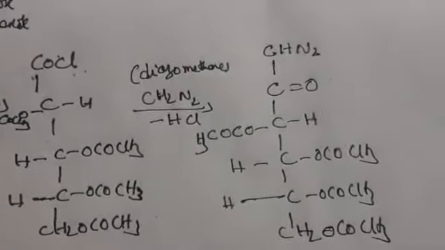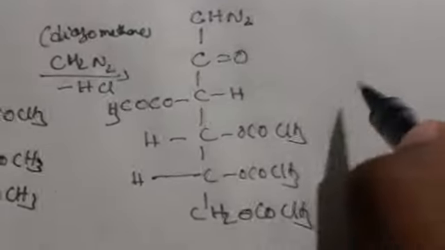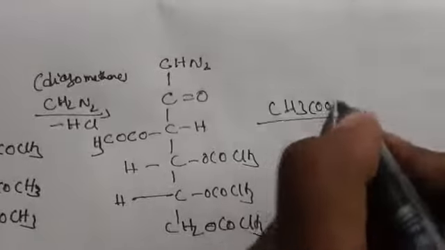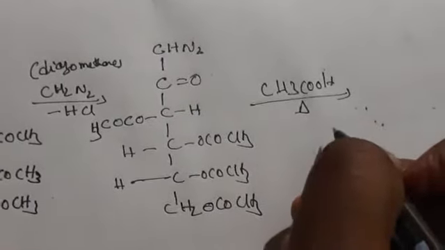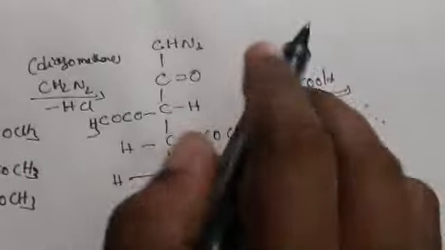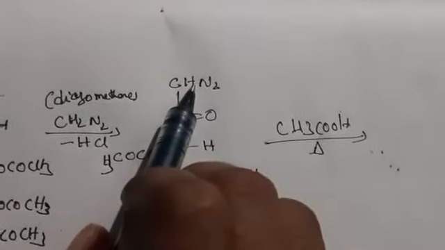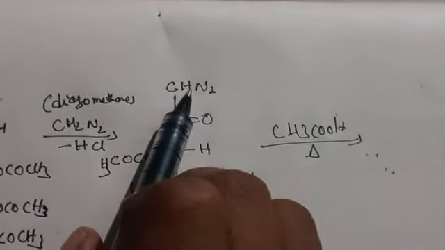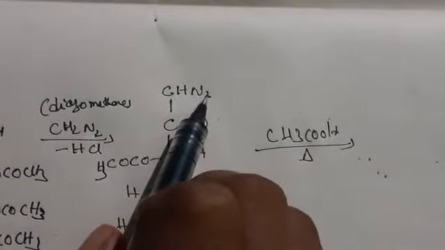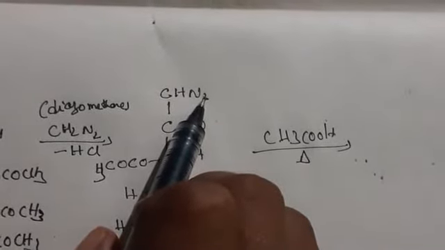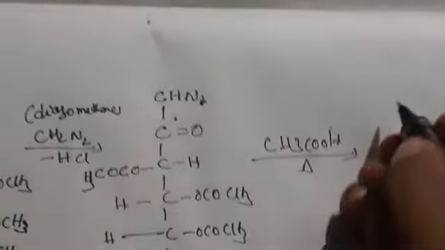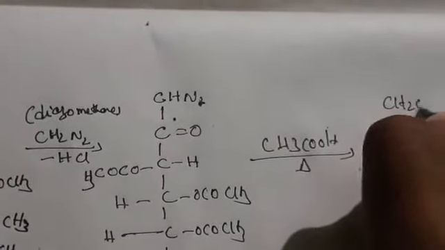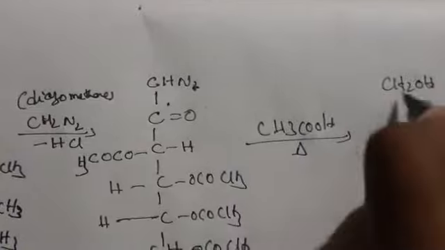Okay, now in the presence of acids, when I treat with acid under heating condition, automatically what happens means here H2O will come and add here. Okay, CH2OH will come and add here, means CH2OH is going to come and add here.